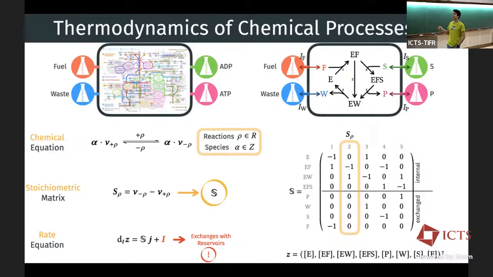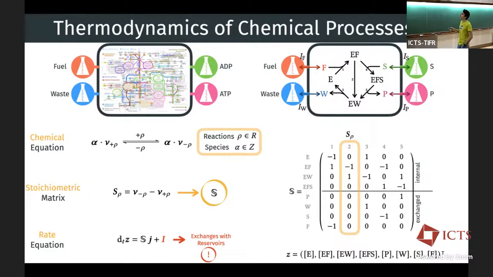If you think about a metabolic network, you can have the exchange with the environment, including fuel, like nutrients, waste, and then you can imagine that basically metabolism is a huge engine harvesting the energy from the interconversion of fuel into waste to power up the interconversion of a low energy molecule, ADP, into a high energy molecule, ATP.